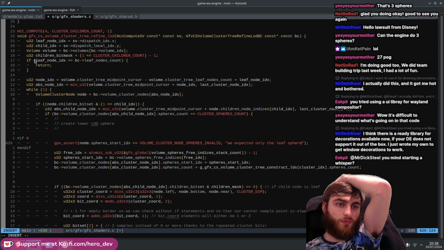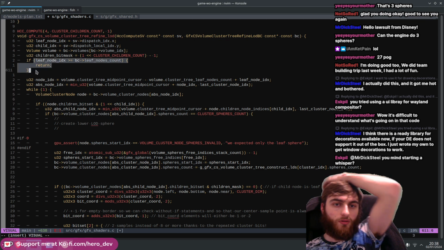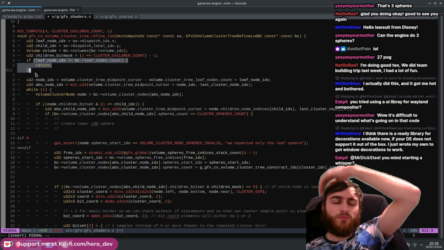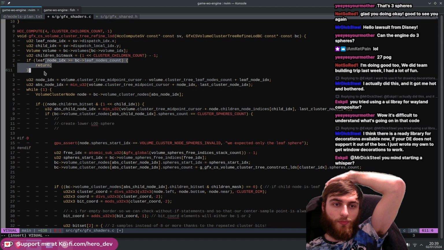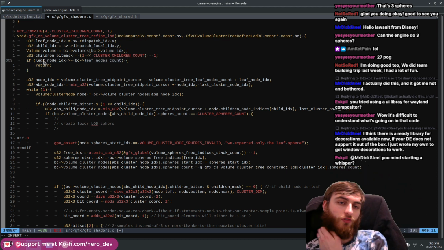Problem is you've got 4 nodes in a wave, and there's 8 children per node as well. Some of the nodes might not be there. You might have overshot the number of nodes.